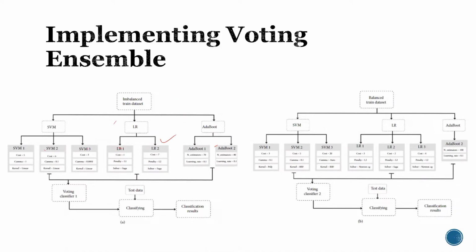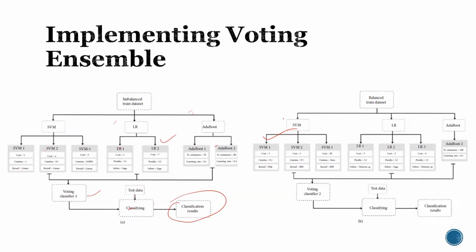Based on the performance of the models, we try to see which one gave us the best result. For this one also 3, and then 1. And then finally, you find the voting. This one will give the result. Then you get the voting classifier that, when the test samples come in, will determine the final classification result.